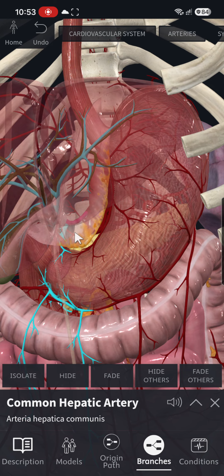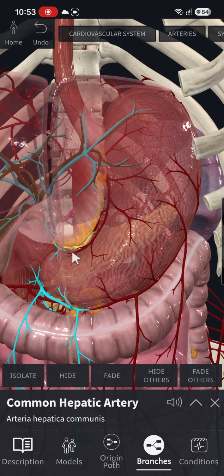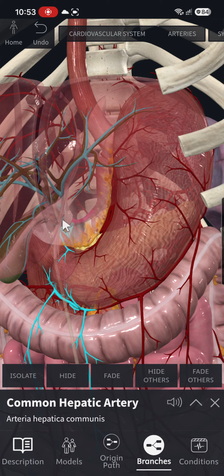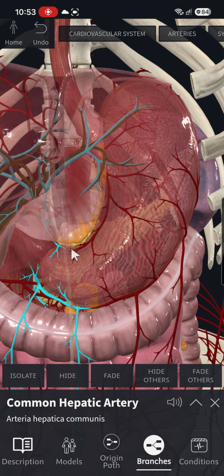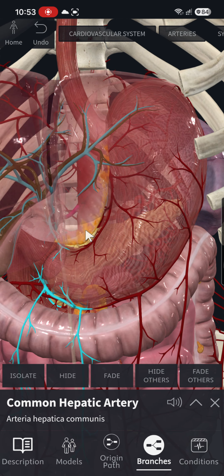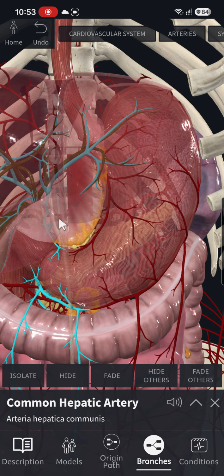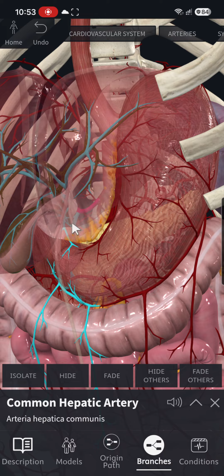It will give off this branch right here, which is the right gastric, which anastomoses with the left gastric, right? And then it gives off this branch, which is the gastroduodenal branch.